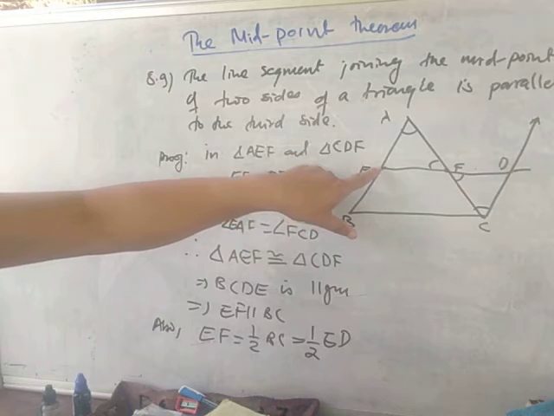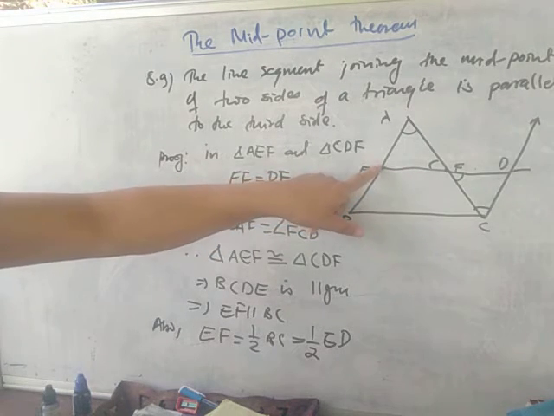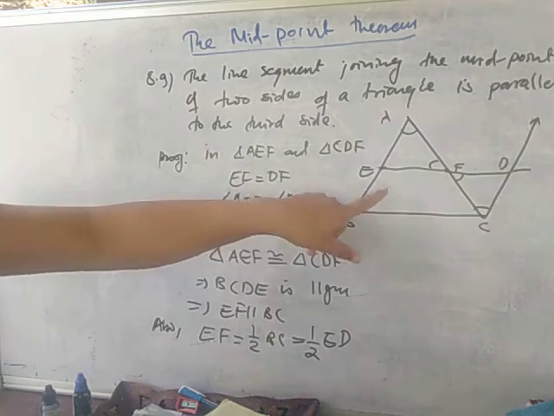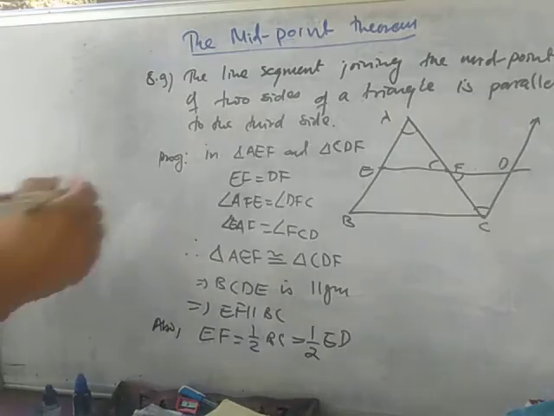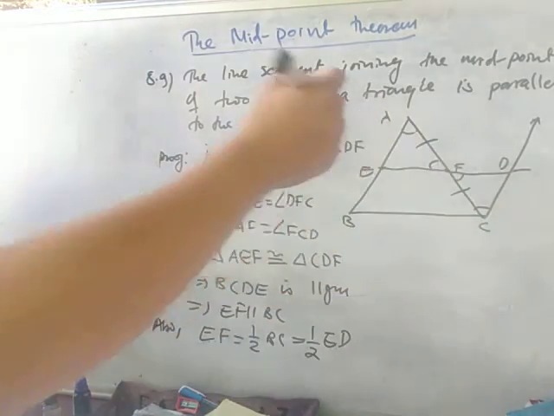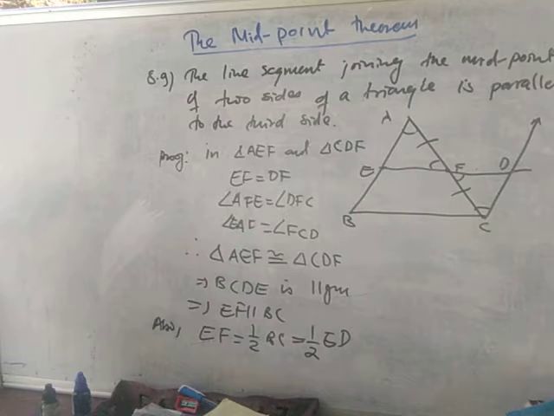If I draw this line from the midpoint of this side and parallel to this side, then this will divide the third side. These two are equal. That is your converse of the midpoint theorem. So hope you understood the theorem.